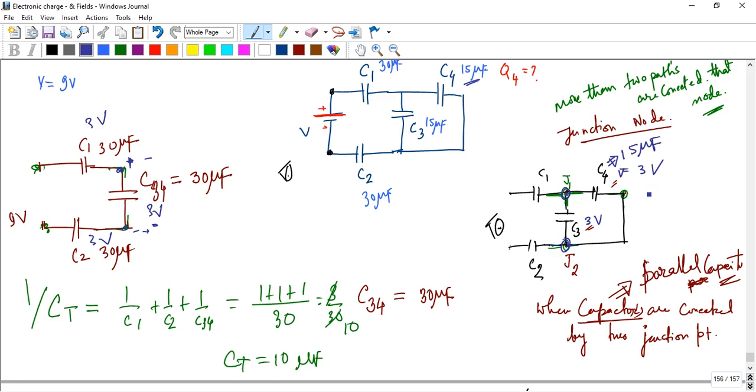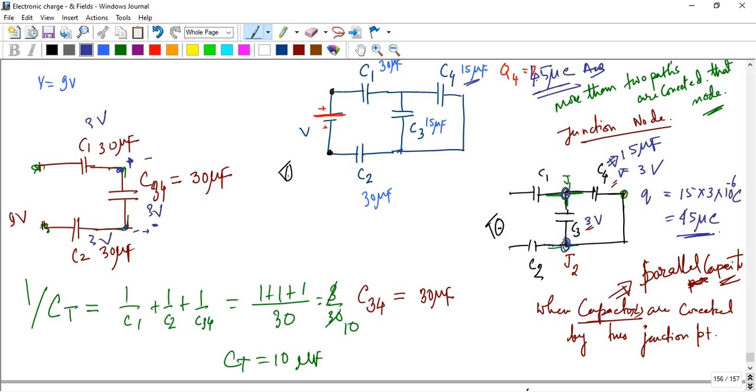Now calculate the charge. So Q equals CV. Here C is 15 times 3, 10 to the minus 6 means microcoulomb. So that is 45 microcoulomb. Okay, that's a very easy answer. The final answer is 45 microcoulomb.